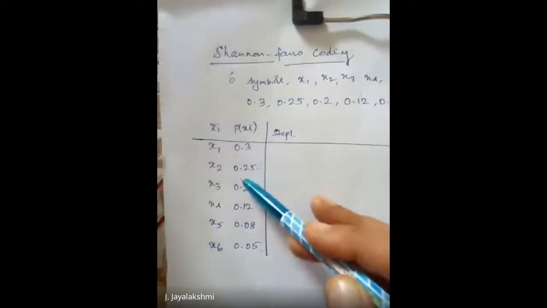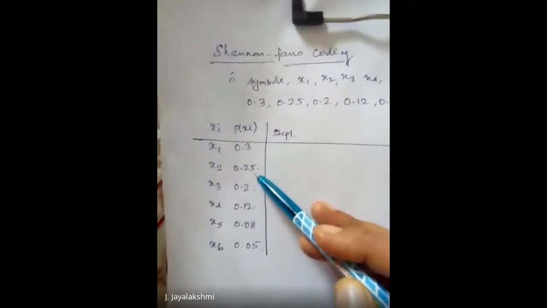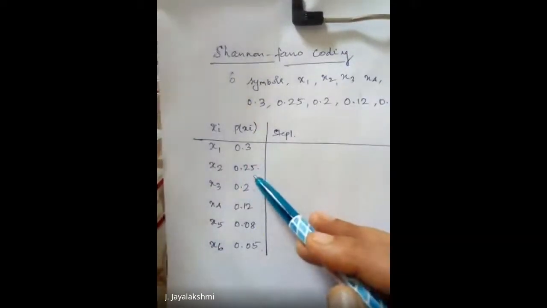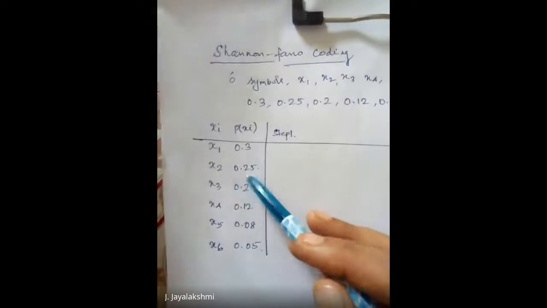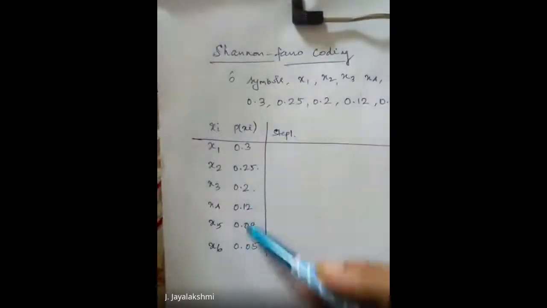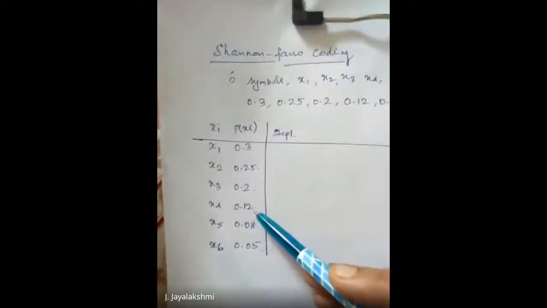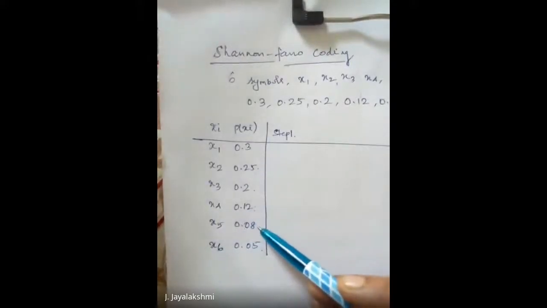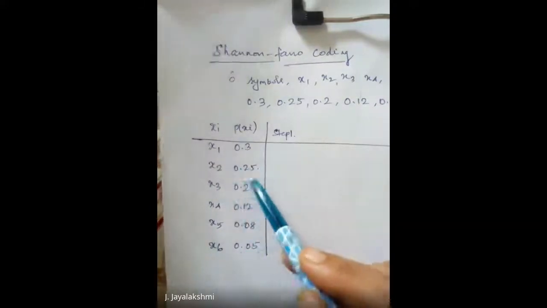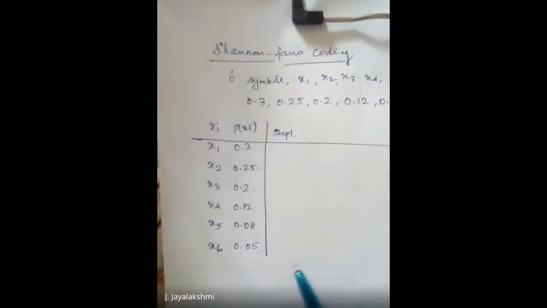First you take the first two probabilities, 0.3 and 0.25. Adding these, it will be 0.55. The four probabilities below: 0.2 plus 0.12 is 0.32, plus 0.08 is 0.4, plus 0.05 is 0.45. So the upper one is 0.55, the lower one is 0.45. So almost they are equiprobable.